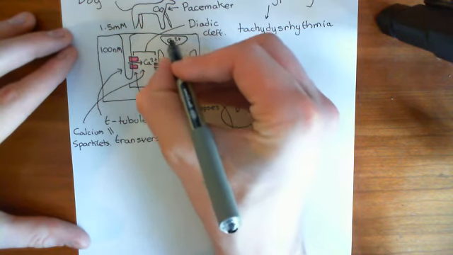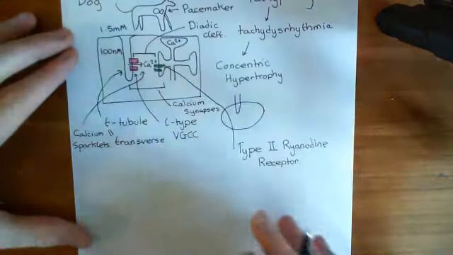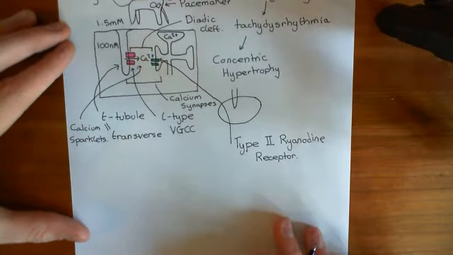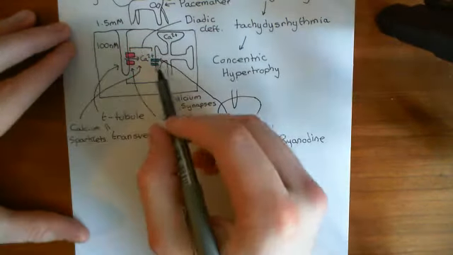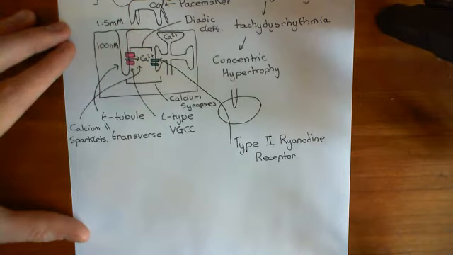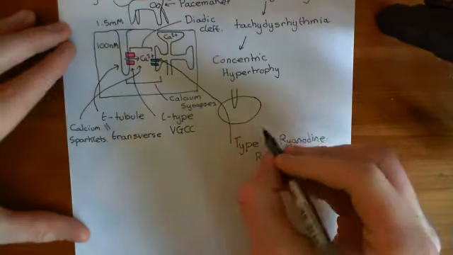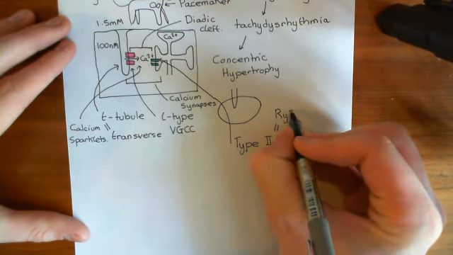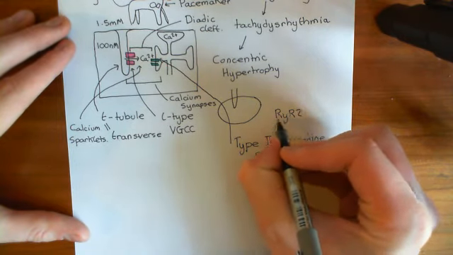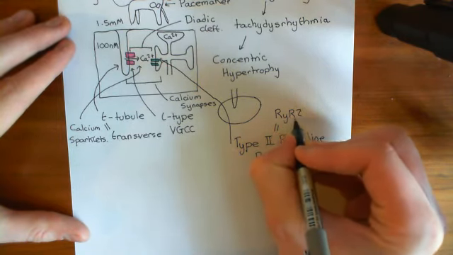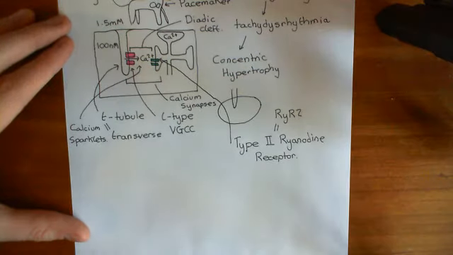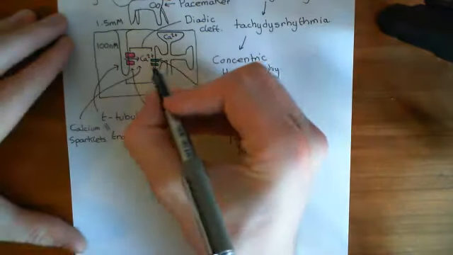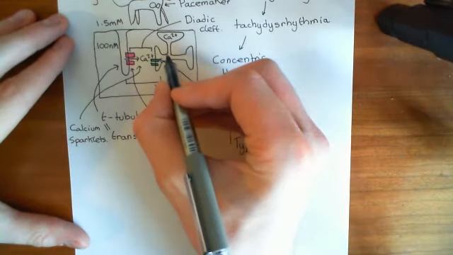So there is a lot of calcium stored within the lumen of the sarcoplasmic reticulum. So when you open the type 2 ryanodine receptor, which by the way is often abbreviated to RYR2, for ryanodine, R for receptor, and then 2 for type 2, you release calcium from the sarcoplasmic reticulum.